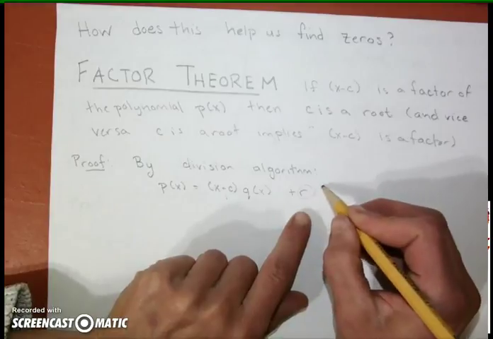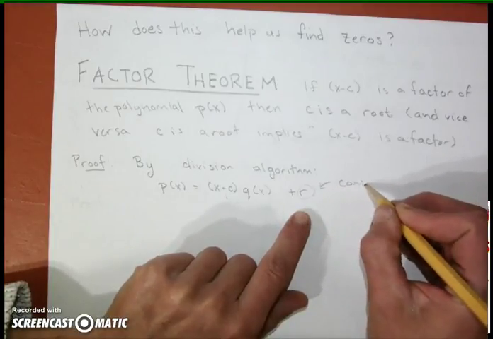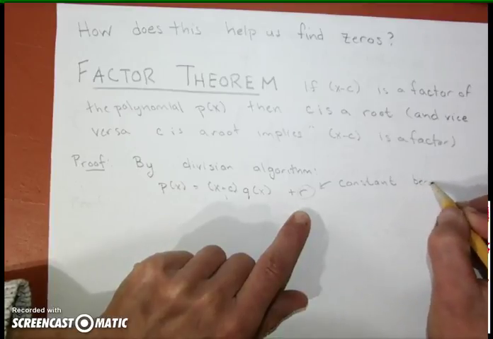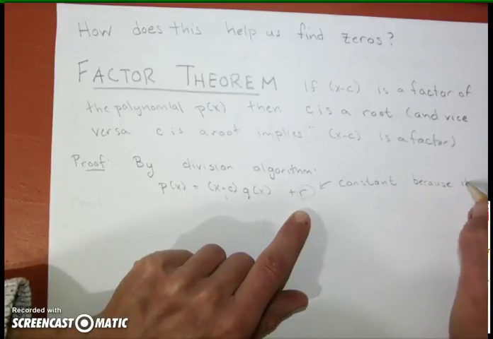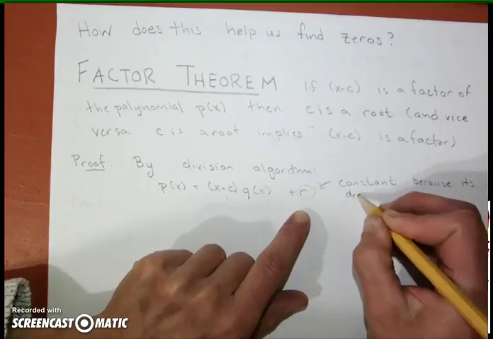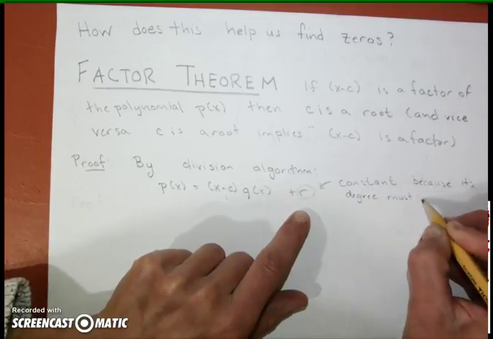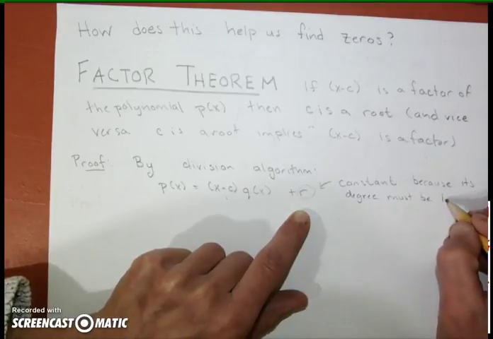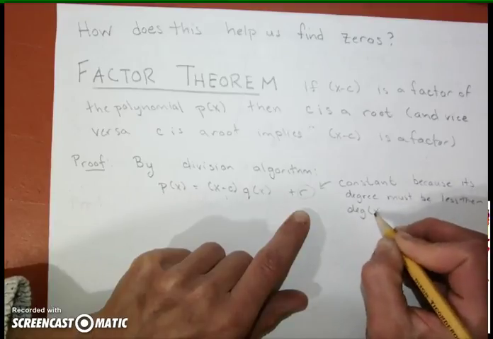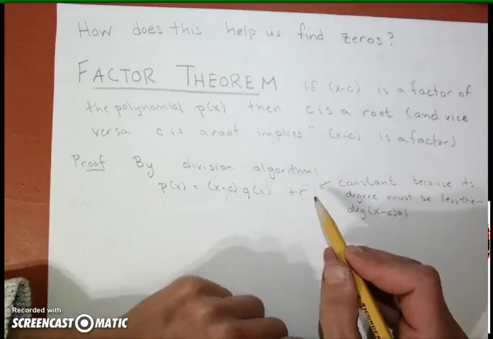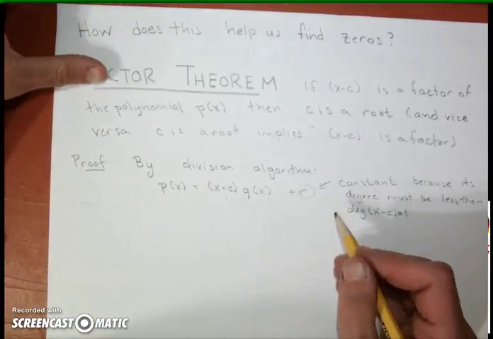This r is just going to be a constant, so no x's, because its degree must be less than the degree of x minus c. And the degree of x minus c is 1. So the degree of r has to be 0, which means it's a constant.